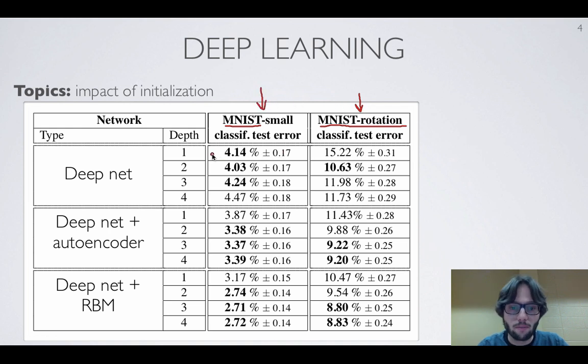Indeed, we went from 1 hidden layer to 2 hidden layers as our best result, from 2 to 3 hidden layers here, and 2 to 3 also with the RBM pre-training. This confirms our intuition that for more complicated problems, we should get a better result using a deeper neural network. When we went from MNIST small to MNIST rotation, using 1 more hidden layer actually helped. So this justifies even more the use of deep neural networks.